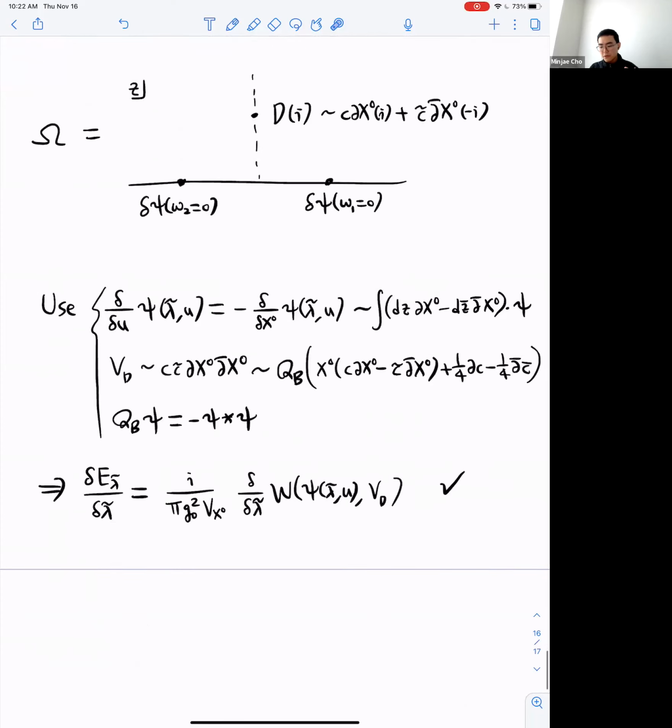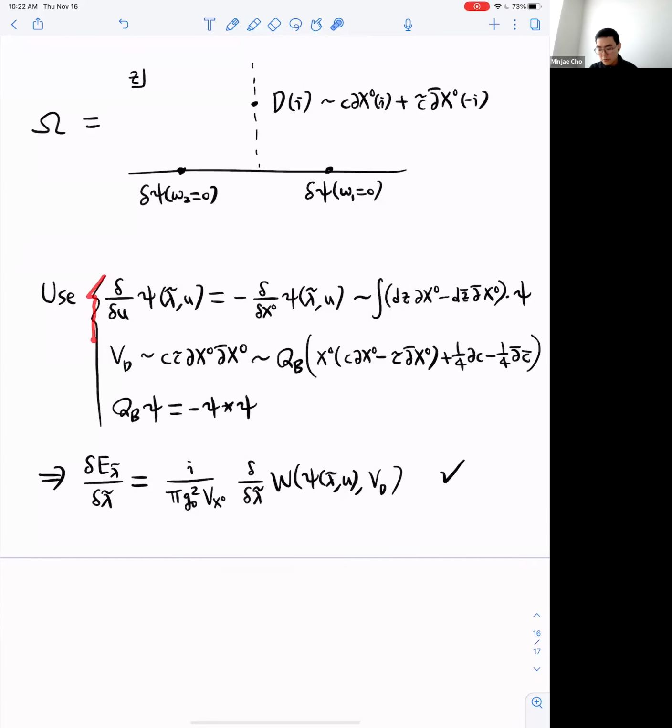I'm not going to give you the full detail, but I'm going to give you the ingredients that go into it. First of all, when we evaluate the symplectic form with this type of thing, we also have to consider how we vary it with respect to u. But because the solution itself always comes in the form which depends only on the x naught minus u combination, when we talk about how it depends on u or x naught, it can be traded with a derivative in x naught. And you can transform it into a contour integral in terms of partial x.